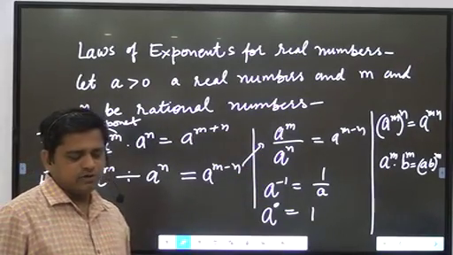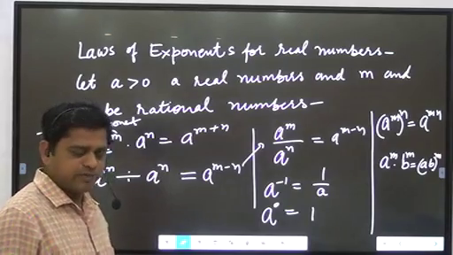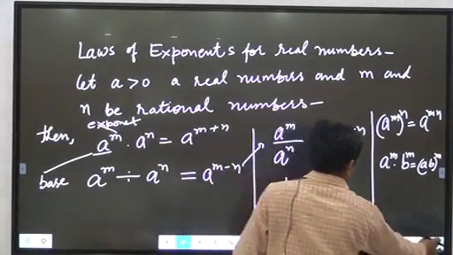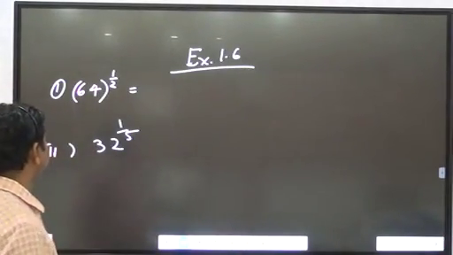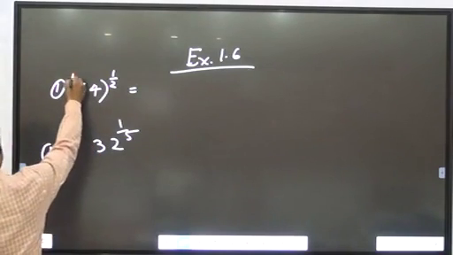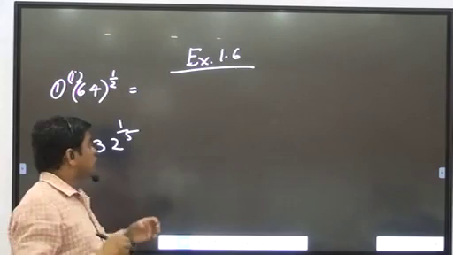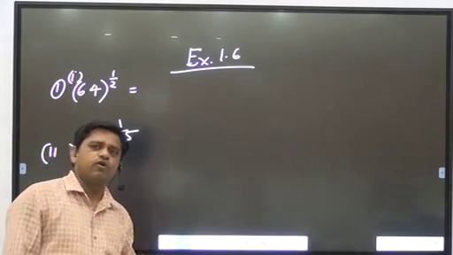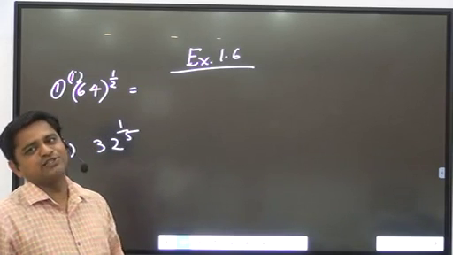In the next exercise we use the same properties, and we are going to solve the questions of exercise 1.6. First question, first part: we have 64 to the power 1/2. We can factorize 64 as 2 things, as 4, and as 8 also.